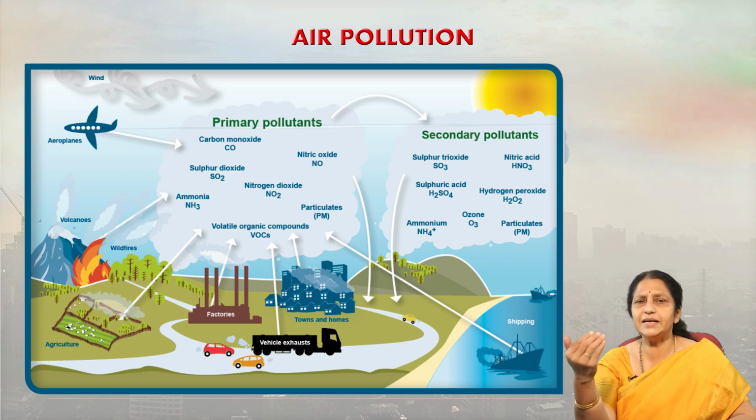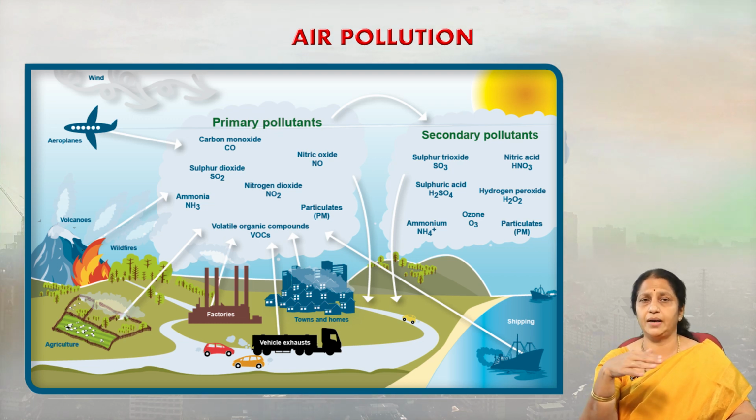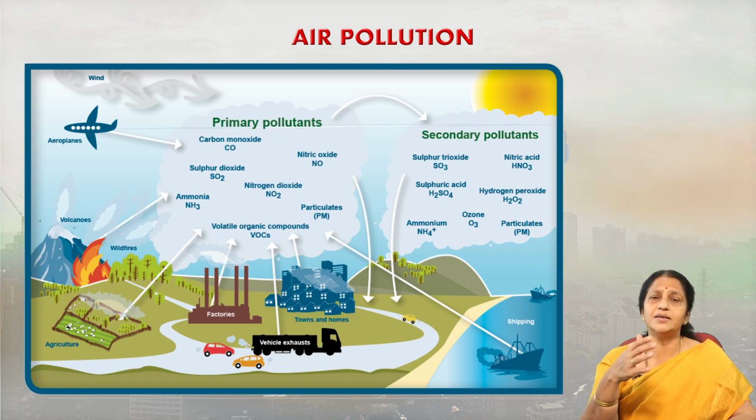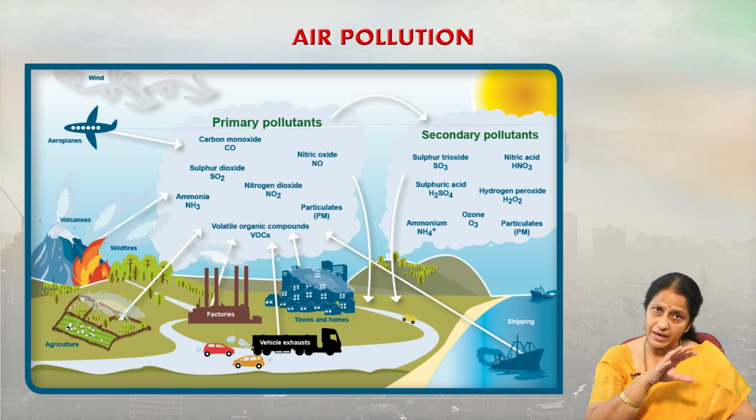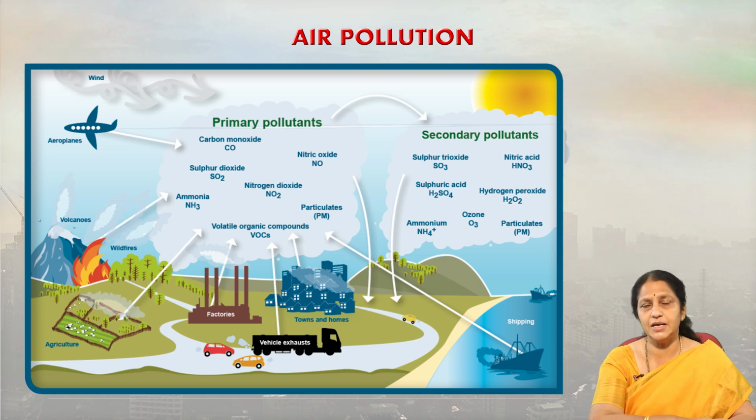Secondary air pollutants are primary air pollutants that are transformed by light, energy, heat or the presence of other chemicals into toxic compounds. So these are the converted forms of the primary pollutants, which we normally call secondary pollutants.